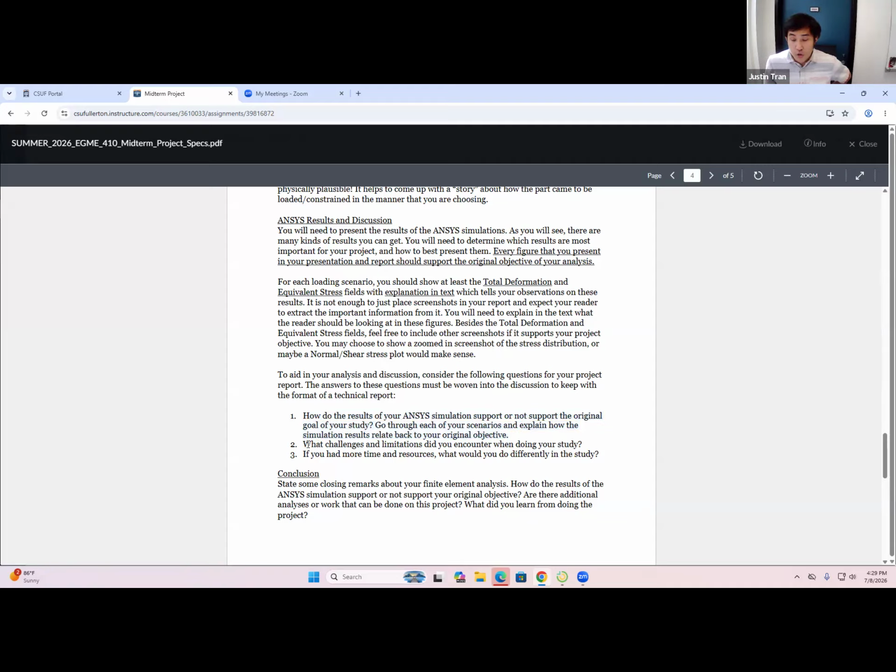Second, talk about any challenges or limitations that you encountered during the simulations. Maybe you had a hard time meshing, or maybe you had a hard time coming up with different boundary condition scenarios. And third, just for fun, if you had more time and resources, which, for the summer session, time comes at a premium, how would you do things differently?